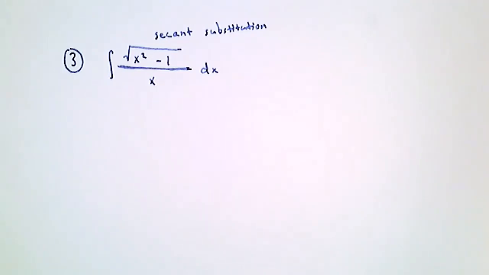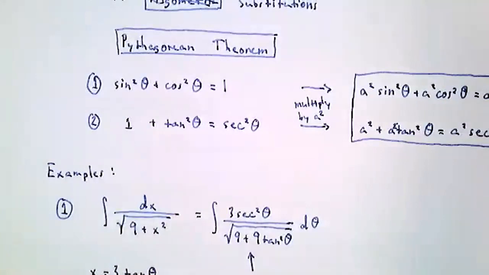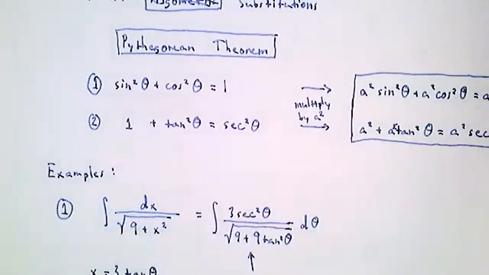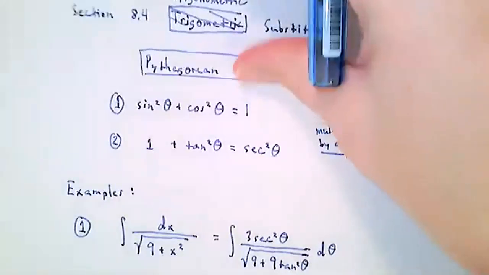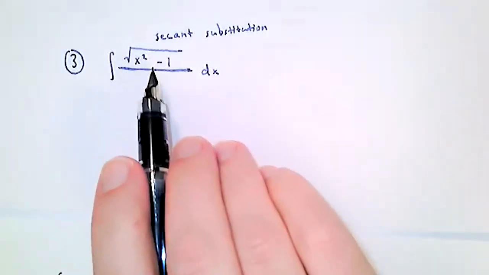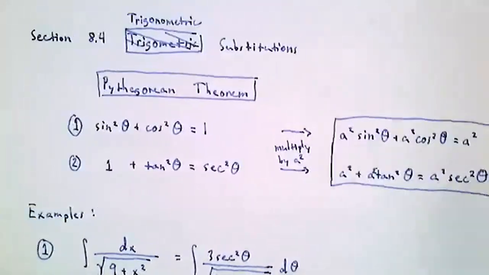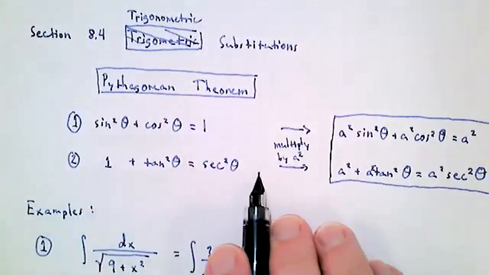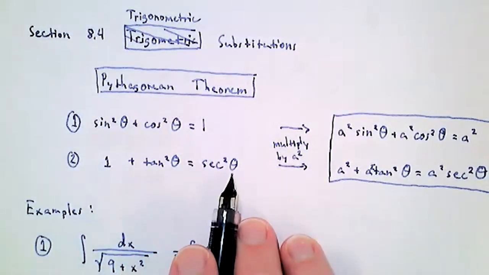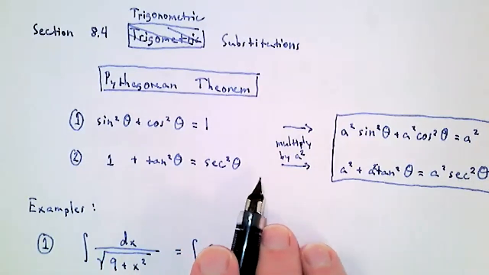And we're doing a secant in this one because if we look at our formula here and compare it to the problem, we have x squared minus 1. And if we move this 1 to the right side, we'll have tangent squared of theta equals secant squared of theta minus 1.